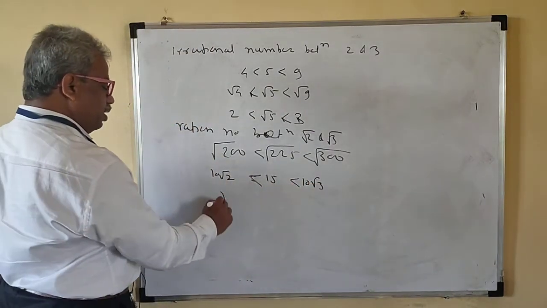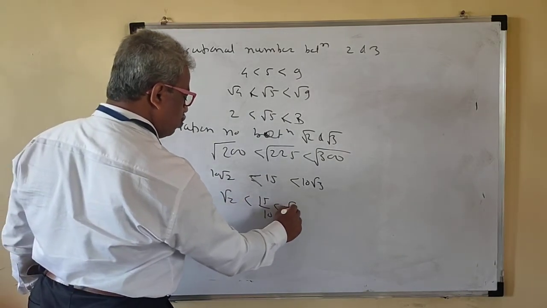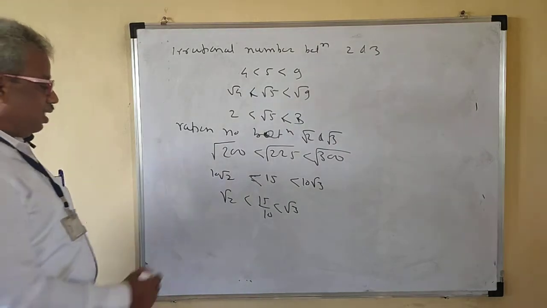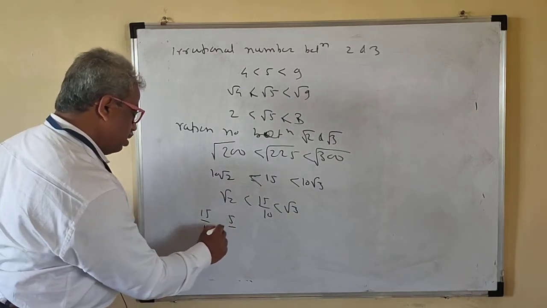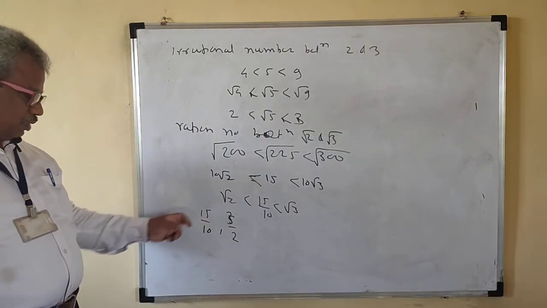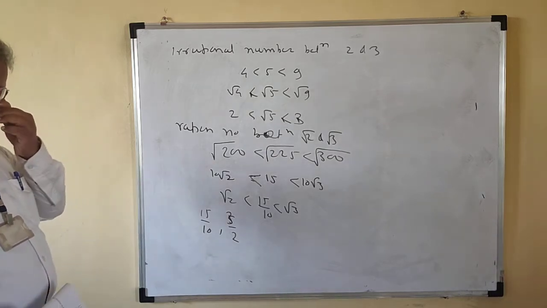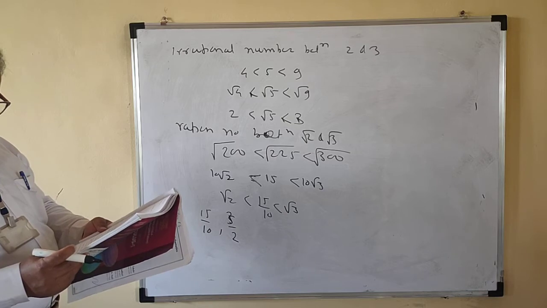I can divide by 10. So this is root 2 less than 15 by 10 less than root 3. 15 by 10 means 3 by 2. So 3 by 2 is the rational number between these two. I hope that you understand this one.